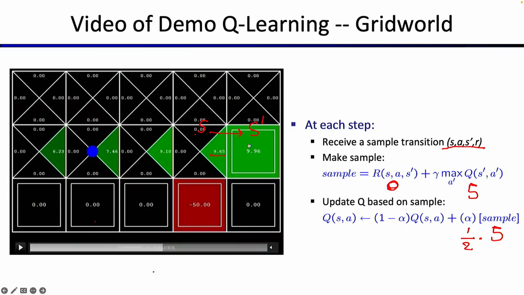Yes, question? So the question is, could we and should we make this quantity alpha smaller over time, because we might have issues with convergence otherwise, since the samples that we get are stochastic. This is what is typically done.